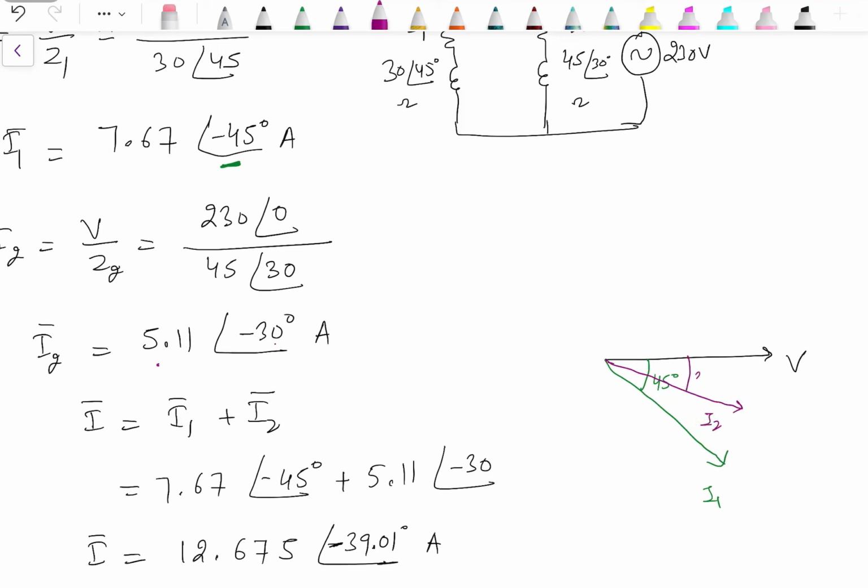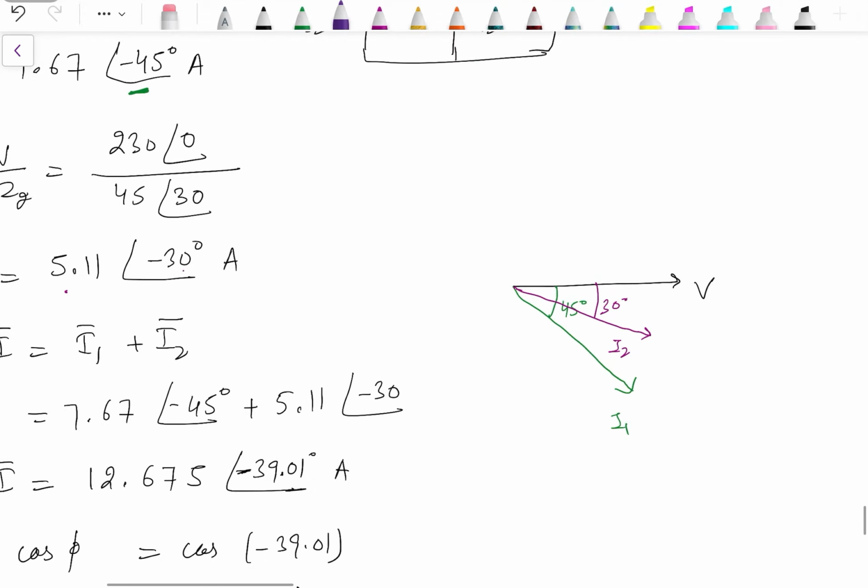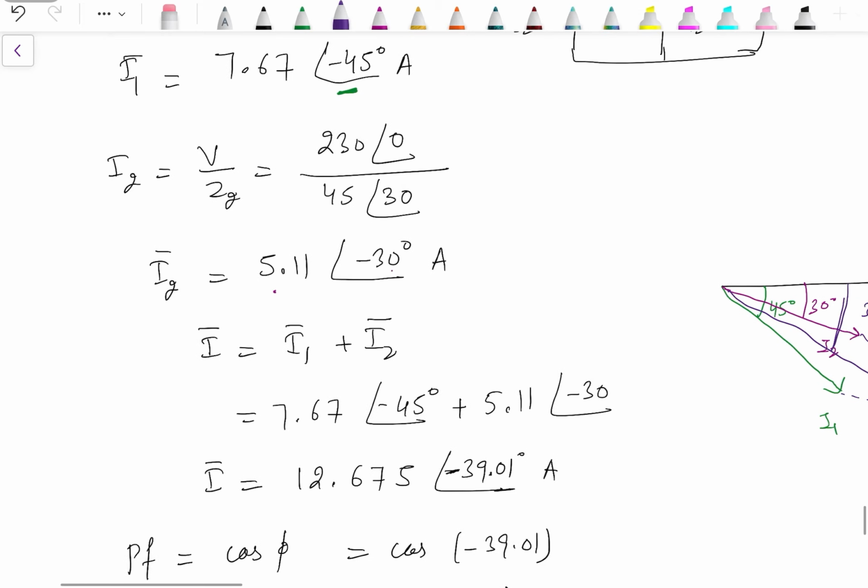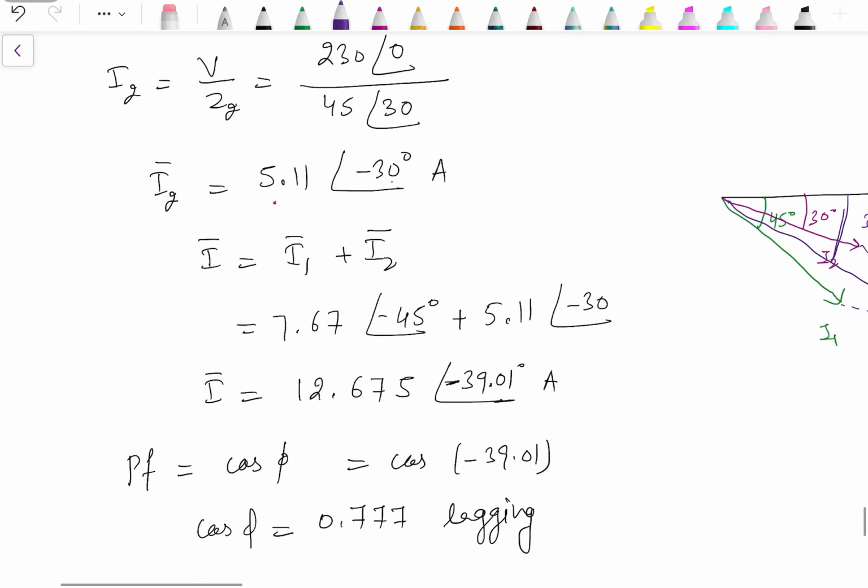The resultant of I1 and I2 is I, which is at angle 39.01 degrees from the voltage. So this is how we solve the problems of parallel circuits.